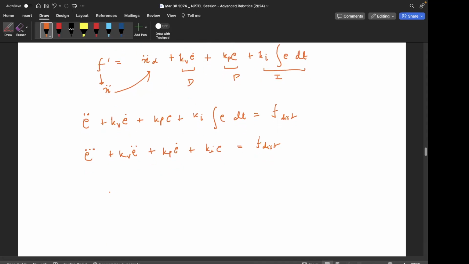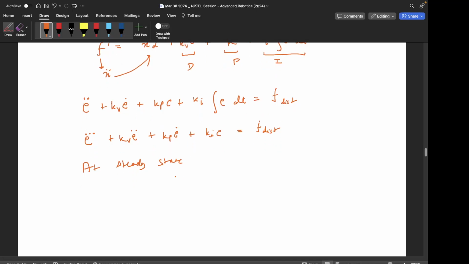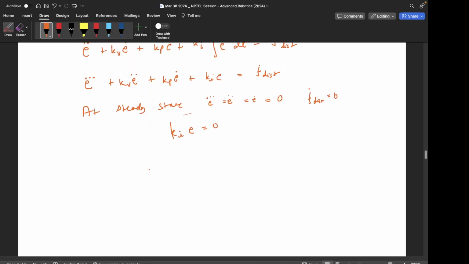But at steady state, all the derivatives will be zero, right? So e triple dot, e double dot, e dot are equal to 0, and the disturbance is also assumed constant, so its derivative is 0. So what comes out is KI e is equal to 0, which implies that e is 0.